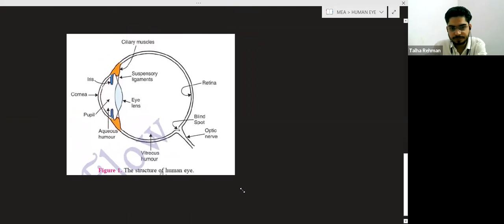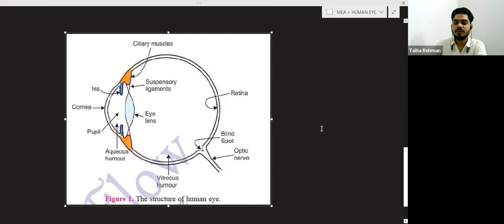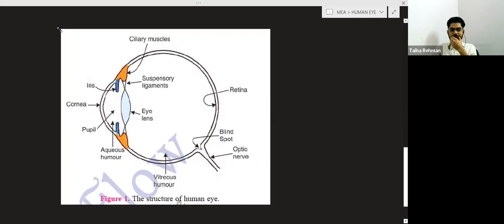Basically, this is your eye or human eye. You can say there are different parts here. Okay. So structure of human eye. So basically, it has different parts. So one by one we will discuss.